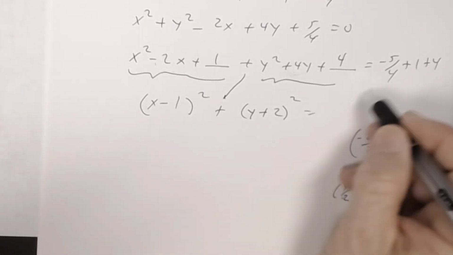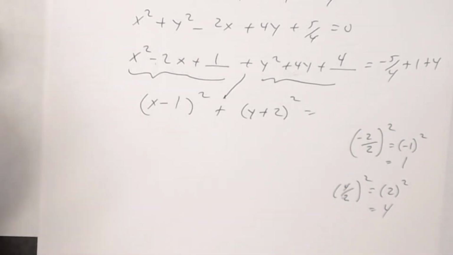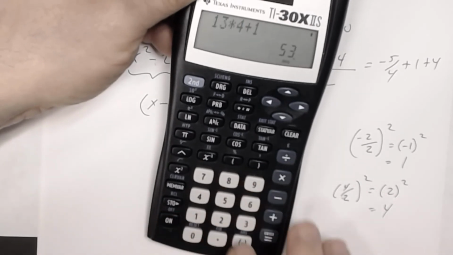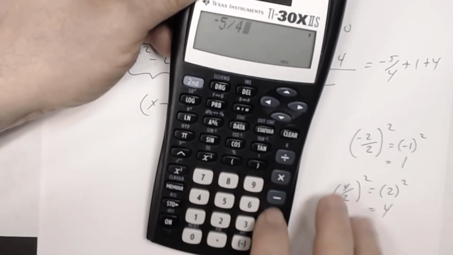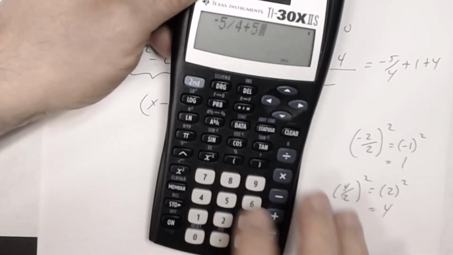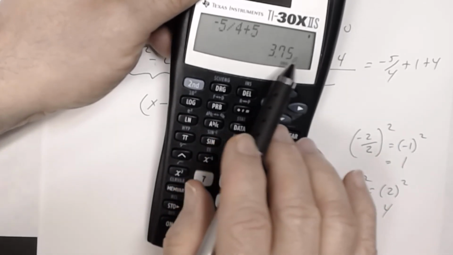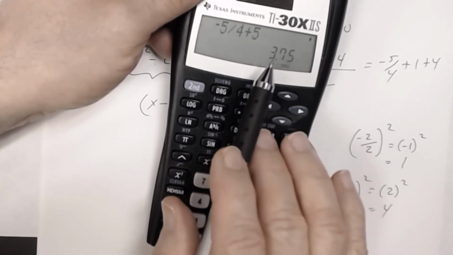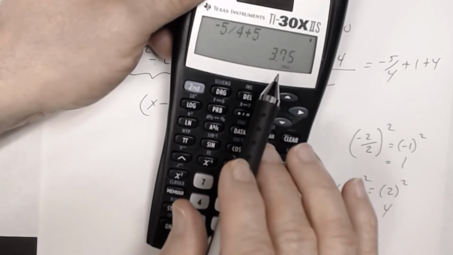All right, now over here, let's use a calculator with this. I mean, you should be able to do it by hand, but let's just use a calculator, it's quicker. So negative 5 divided by 4 plus, and then 4 and 1 is 5, right? Equals this. So that's 3.75, which you should know is 3 3/4, correct?